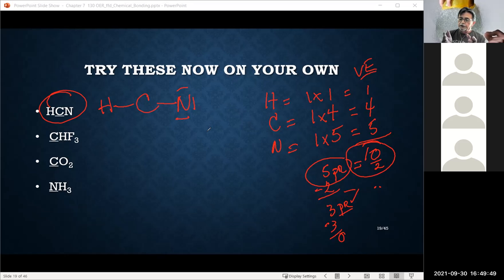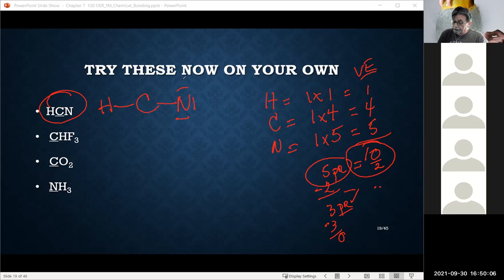Well, how many lines are there around nitrogen, including the bond? Is there 8? You got it, okay? There's 1, 2, 3, and then the 4th one right there. 4 lines.